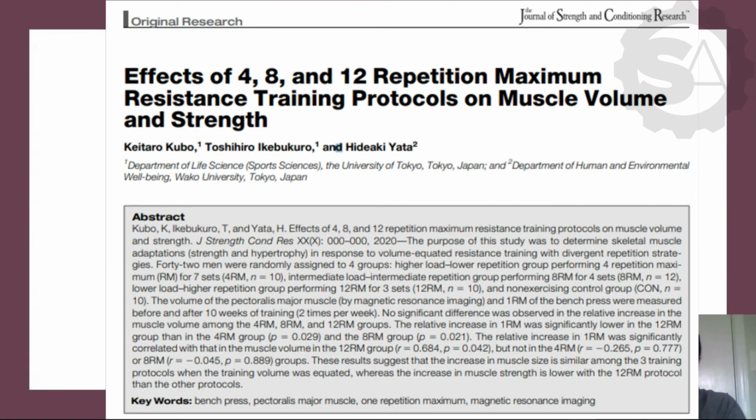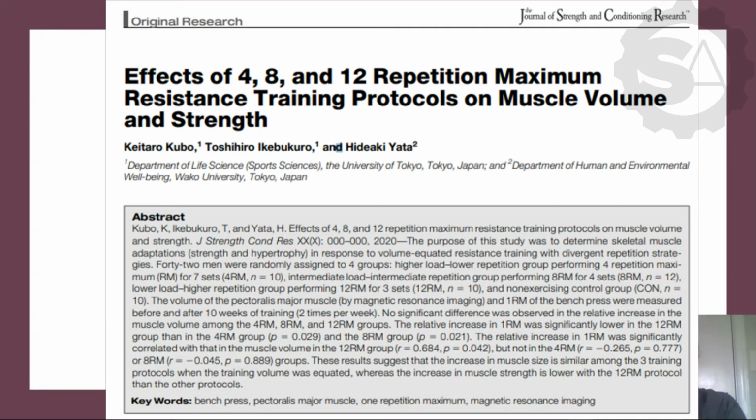Here's an example of a study that was recently published, and it looked at the effects of doing 4 rep maxes in training, 8 rep maxes in training, and 12 rep maxes in training, and how it impacted muscle volume overall.